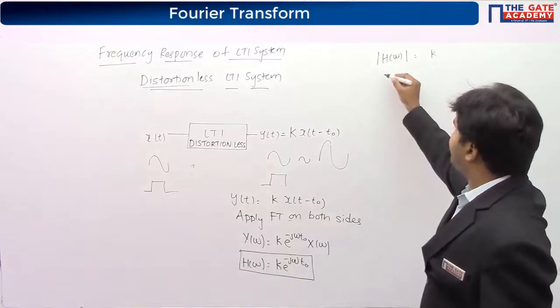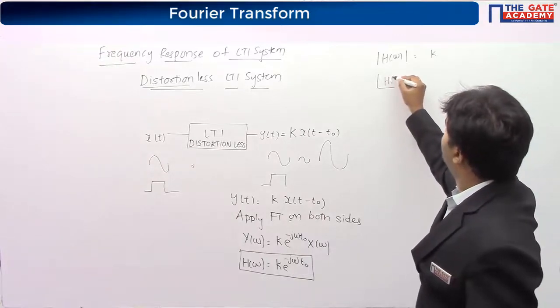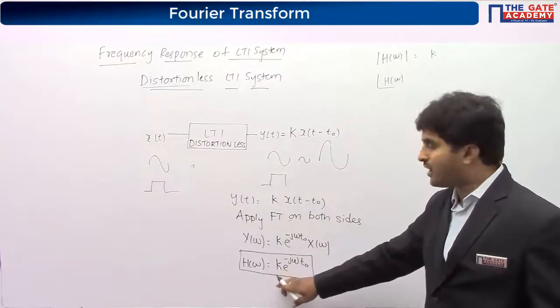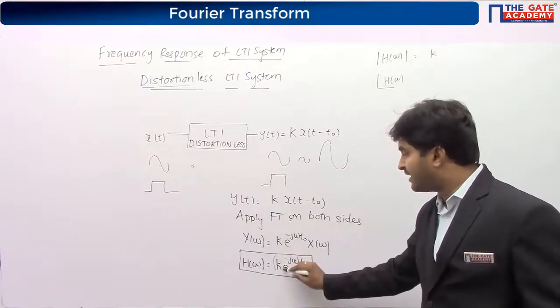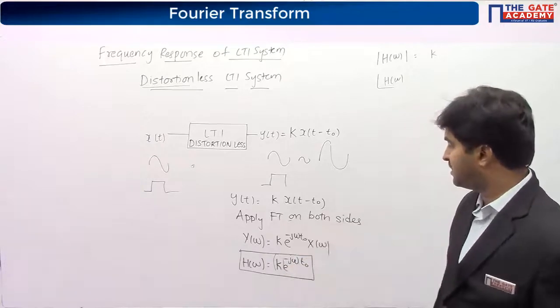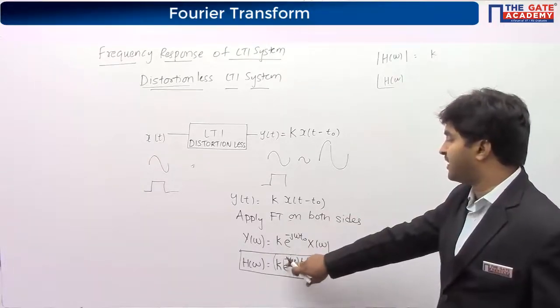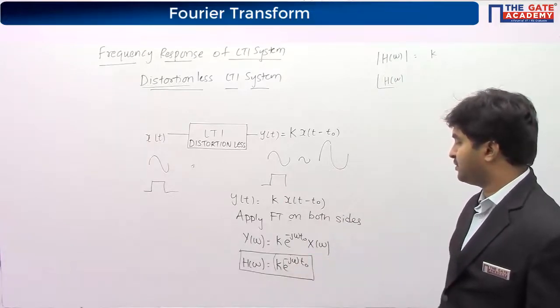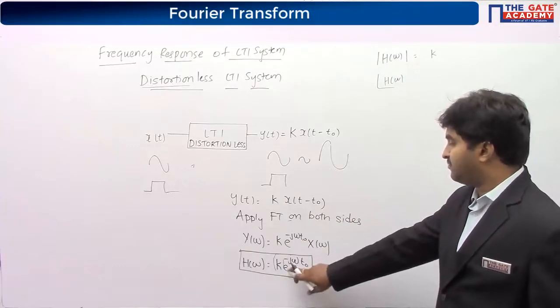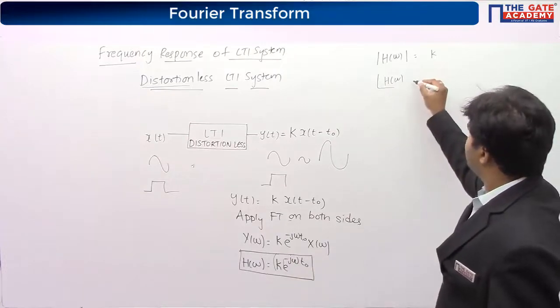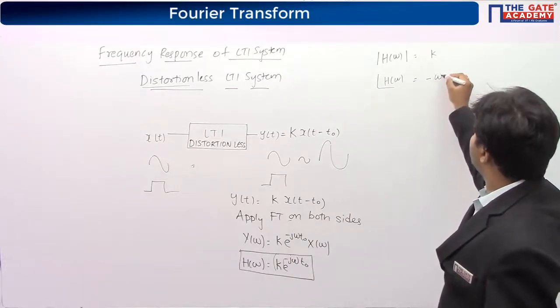And if I take the phase of h of omega, this is like a polar form. You have a complex number with a magnitude and a phase. So I write k here, and here it is e power minus j omega t naught. So the phase is going to become minus omega t naught.